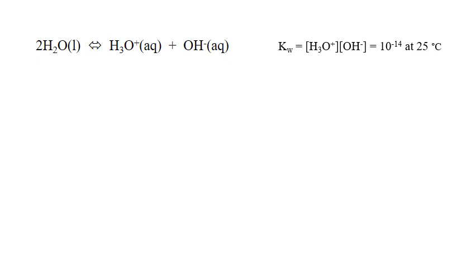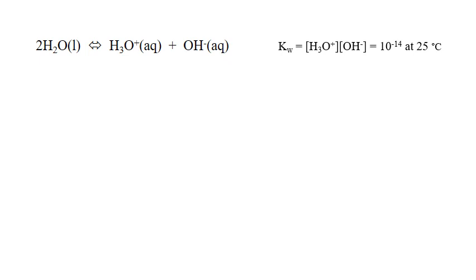However, we give it a special name, Kw, and notice that water is left out. So it's products over reactants, and the products are H3O+ and OH-. The reactants are just the liquid water, and the concentration of water isn't going to change in the course of this. It's a very, very slight amount that this occurs, so the concentration of water is left out of the expression.